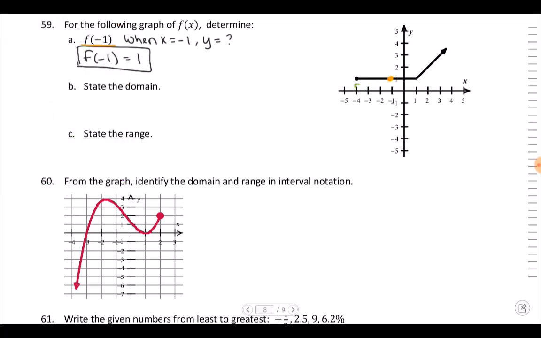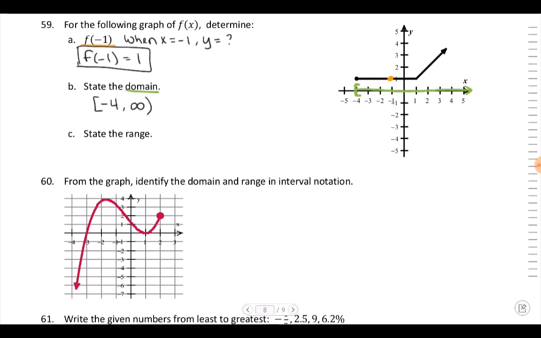And I'm going to put a bracket there because we do need to write an interval notation. And I have all these x values here giving me something on the graph. And because this one is an arrow, that means it's going to go on forever and ever this way. So my domain is going to be everything from bracket negative 4 up to positive infinity.